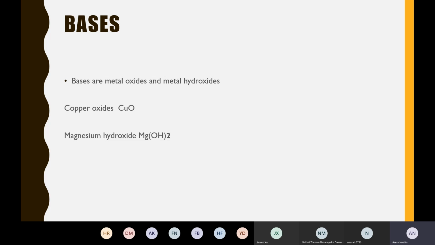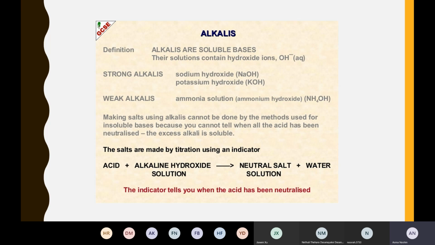On the other hand, metal hydroxides dissolve in water and they completely ionize to give you hydroxide ions. Remember this. See over here, strong base: NaOH is written, sodium hydroxide, potassium hydroxide. What will happen? They will ionize in water and they will give you Na plus and OH minus ions.